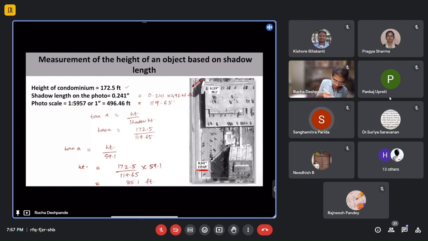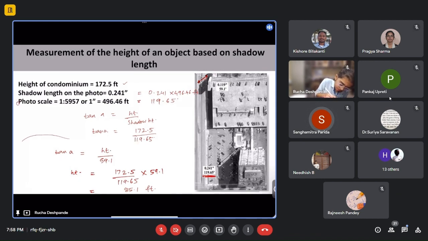Okay. See, the sun is very far away from the earth, right? So the solar rays that are coming will be at the same angle. They will be parallel.